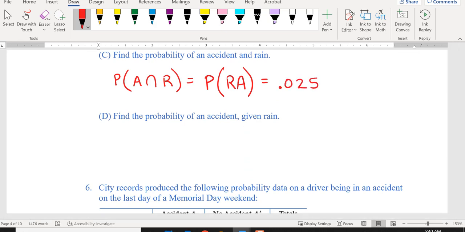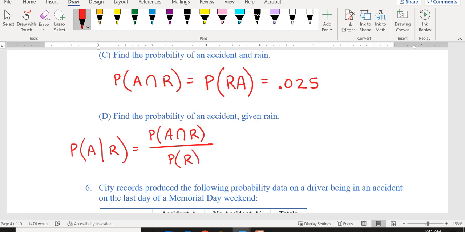All right, now find the probability of an accident given that it rained. So we're wanting the probability of an accident given rain. That's going to be the probability of an accident and rain, which we just found, over the probability of rain.